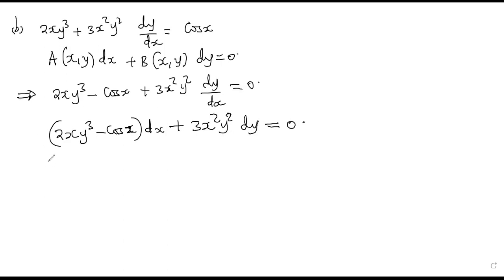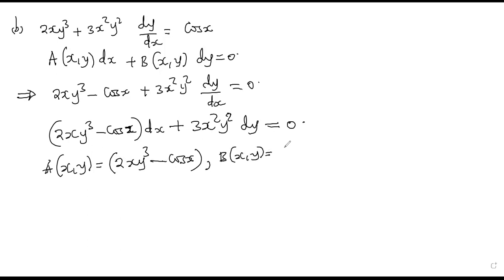It means that A(x,y) is equal to 2xy cubed minus cos x, then B(x,y) is equal to 3x squared y squared. It would imply that for ∂A/∂y, we must differentiate with respect to y.